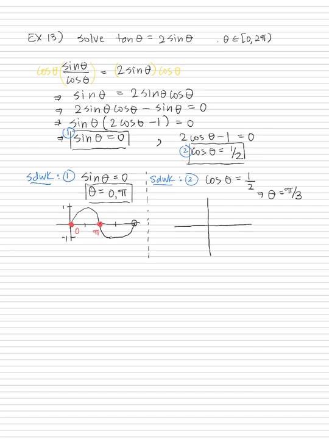Cosine is positive in quad 1 and quad 4. We did this earlier, right? You're probably getting bored by doing this, but the first terminal point is going to be here, and from here to here is our theta equals pi over 3, and you're going to have to go from here to here down pi over 3 units.